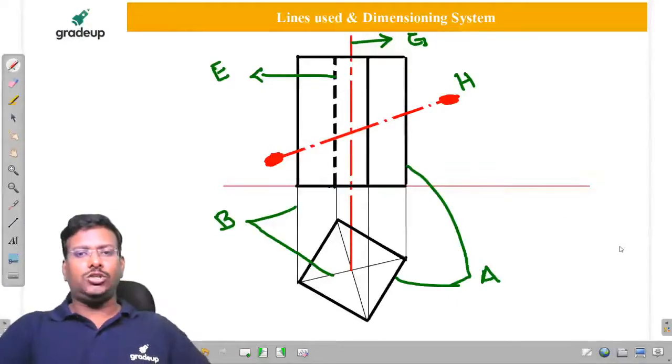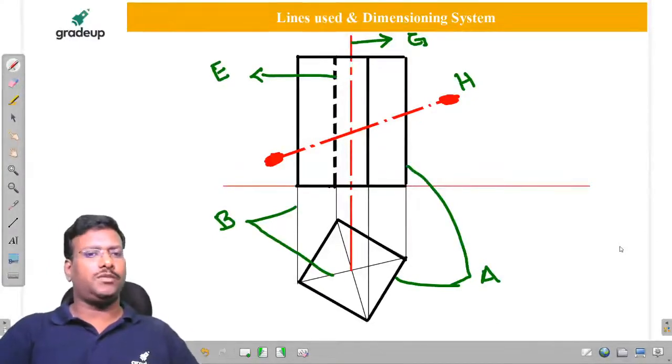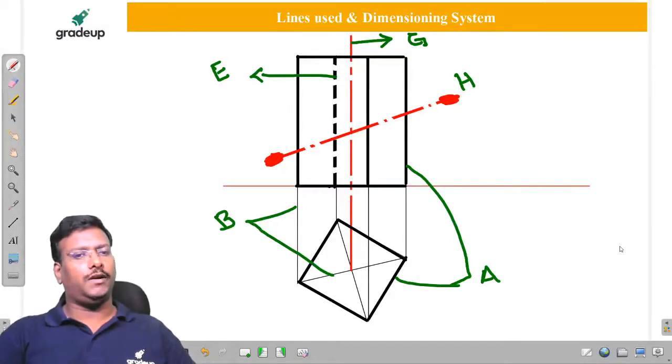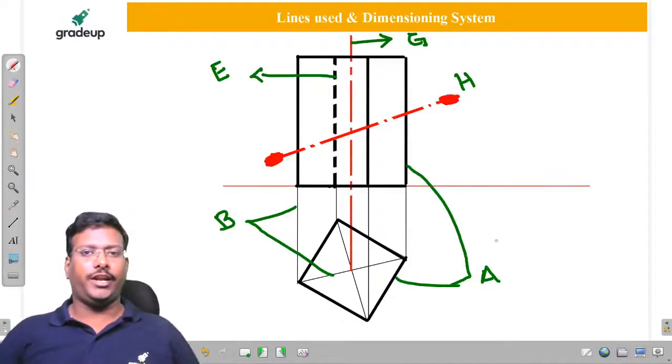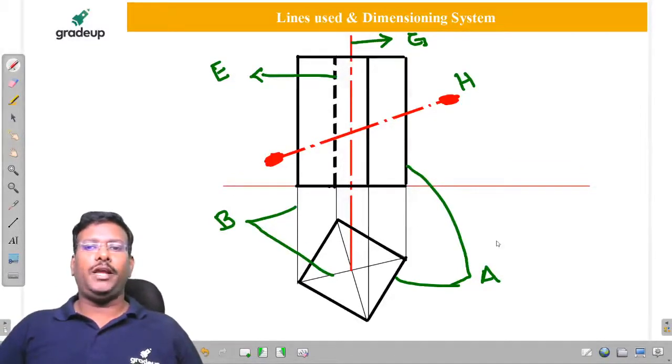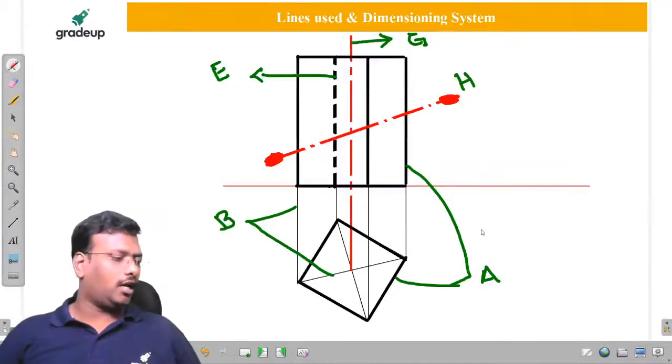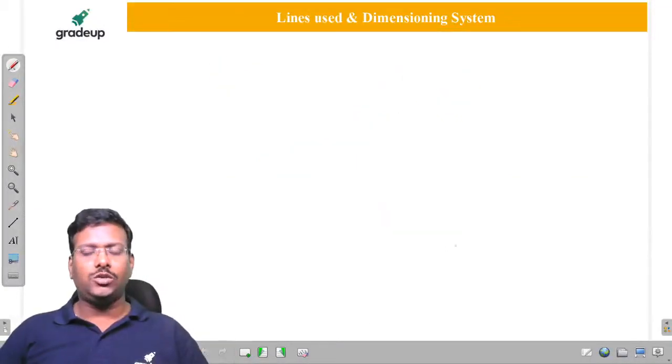The visible elements are with HB pencil. Construction lines and projectors are with 2H pencil, and the axis is a chain line. Section plane is represented with a chain line with thick ends. So these are the various elements we have already come across. Now next one, up to H is over.